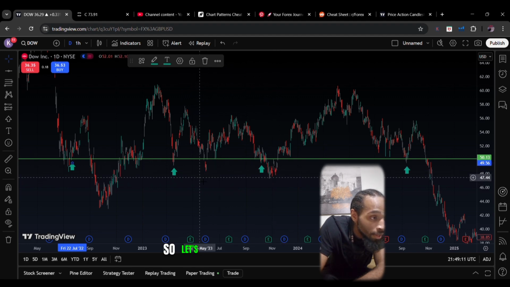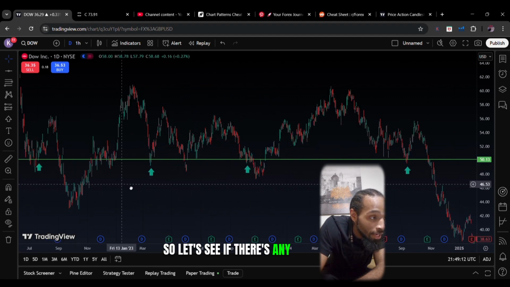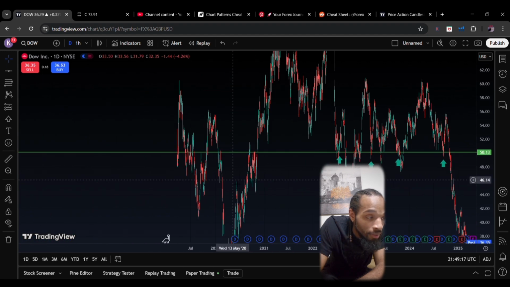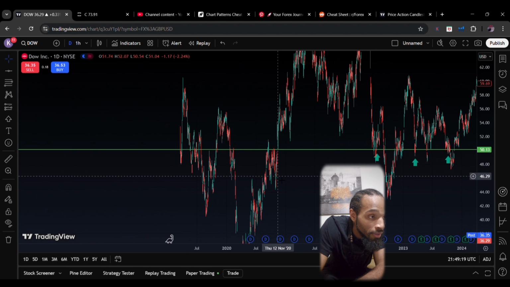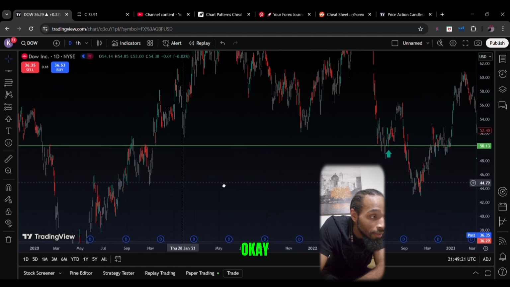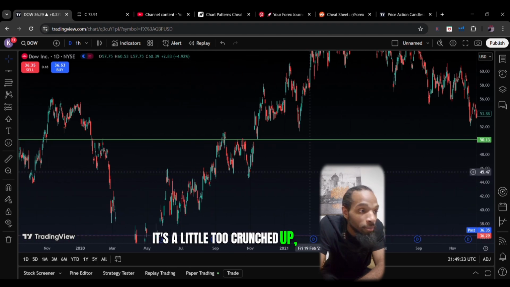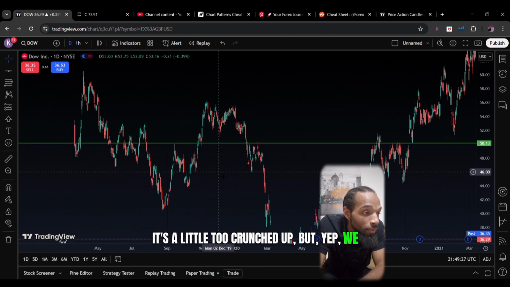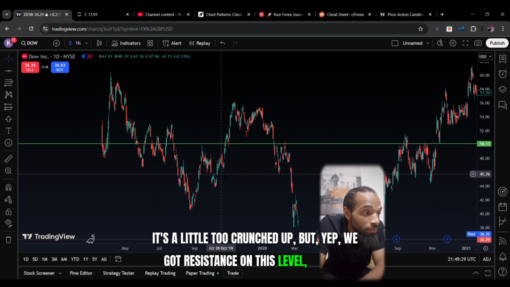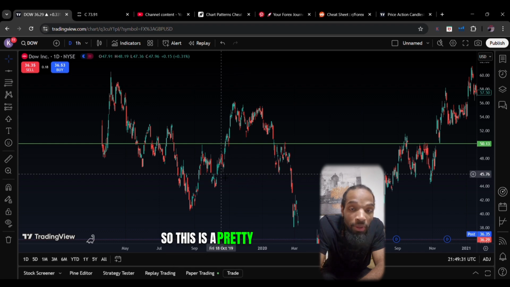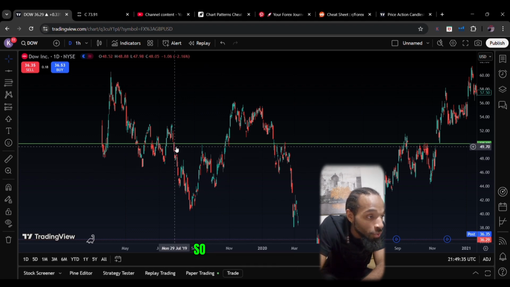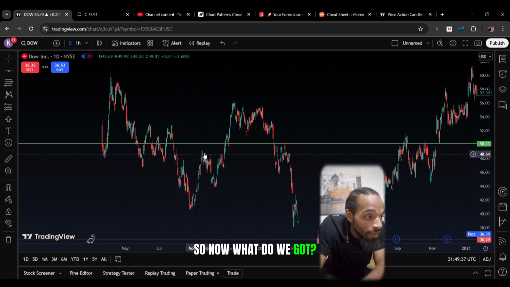So let's see if there's any resistance. Okay, it's a little too crunched up, but yep, we got resistance on this level. You see? So this is a pretty important level to pay attention to. So now, what do we got?